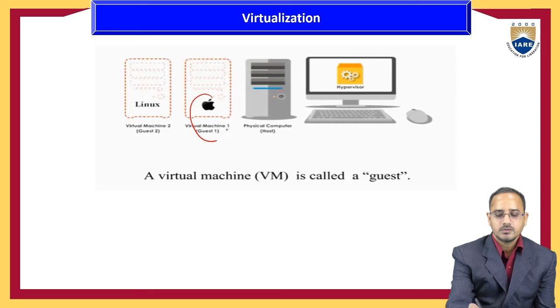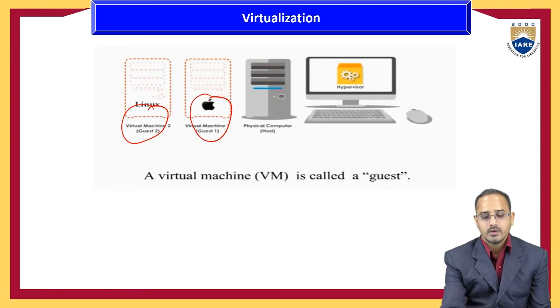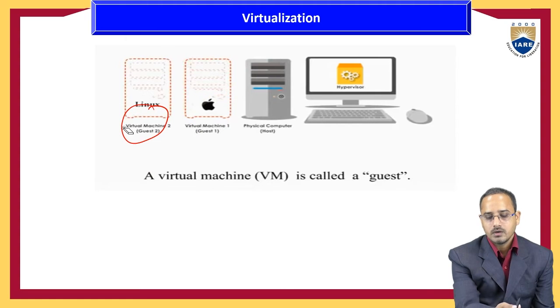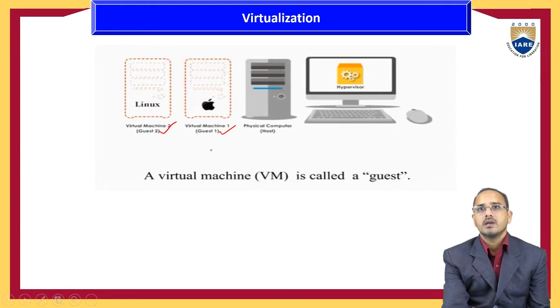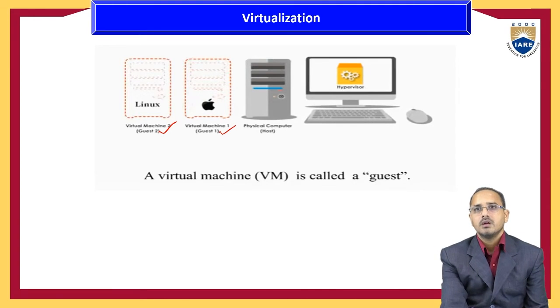This is the first virtual machine, and this is the second virtual machine, guest 1 and guest 2 existing here. Do remember that once a single hypervisor software is installed on the physical machine, we have the provision of creating n number of virtual machines.